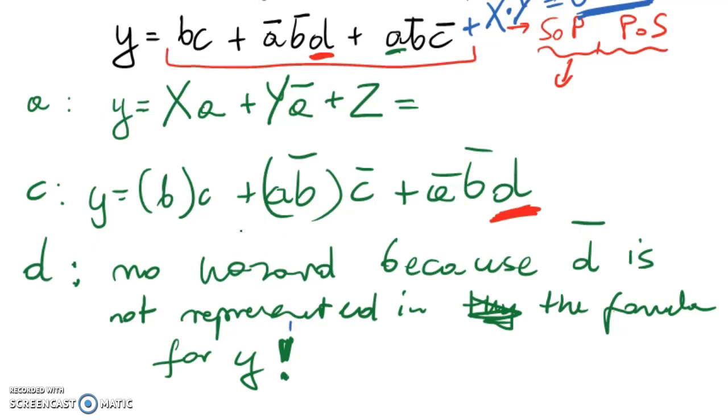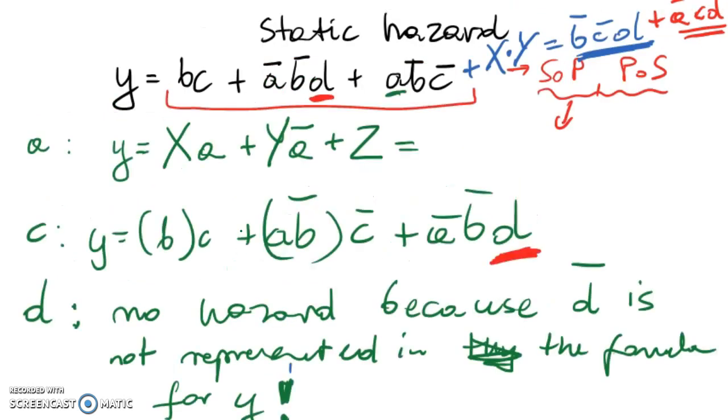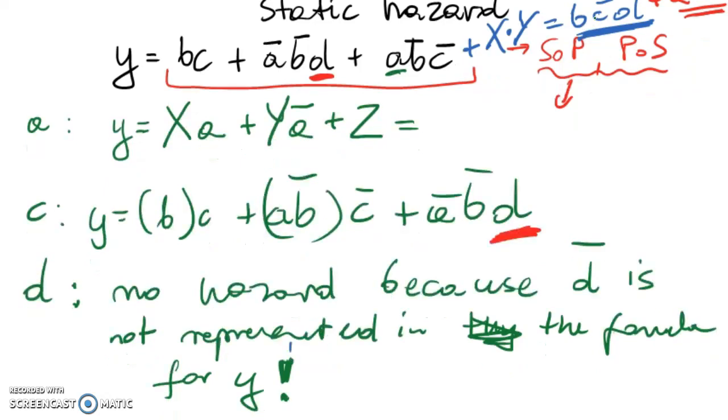So the conclusion is that without the addition of these two products, the function would have a static hazard behavior for A and D and B, and for the given values of the remaining inputs, as I showed.